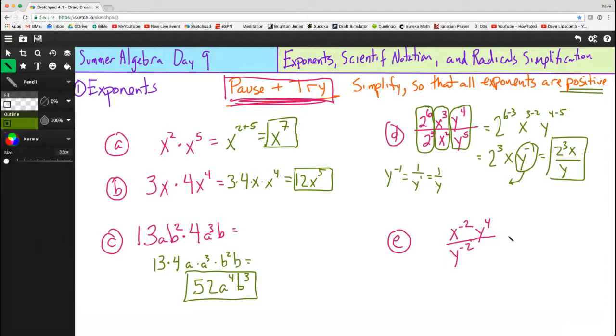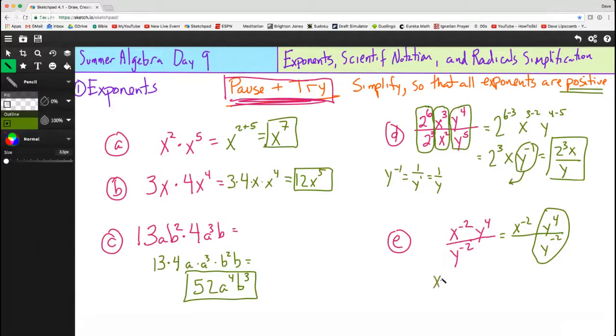Here's an interesting one. We're going to use our rule again. And we're going to separate this out so that we have our x's by itself and our y by itself. Now we can easily see our exponent rule here. And we can say that, well, this stays the same.